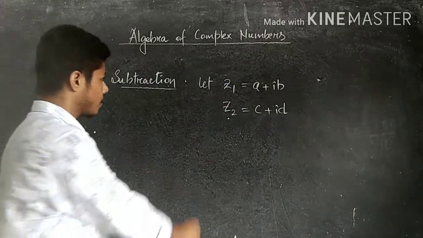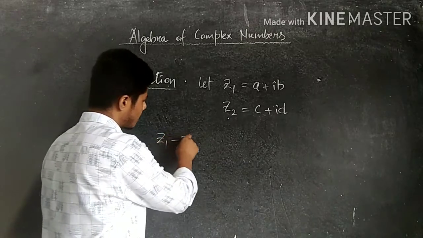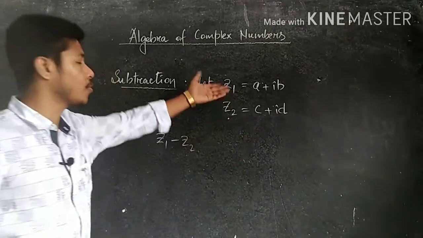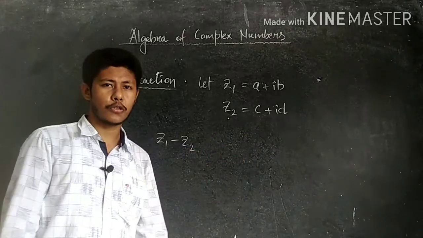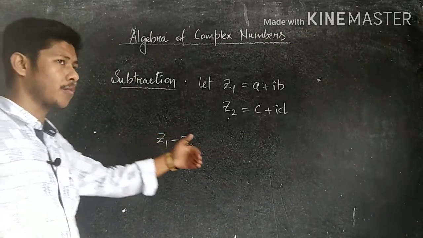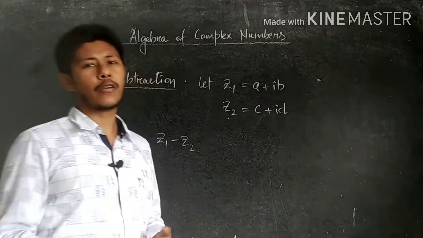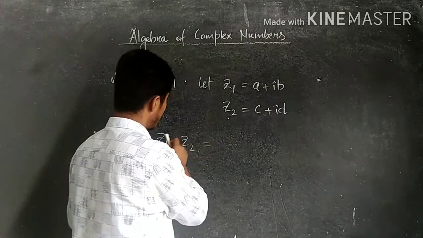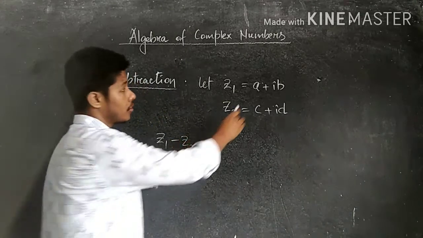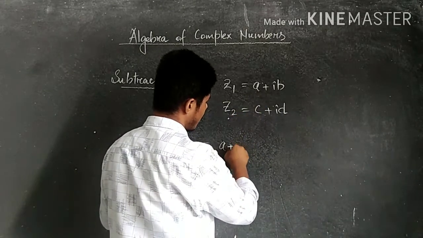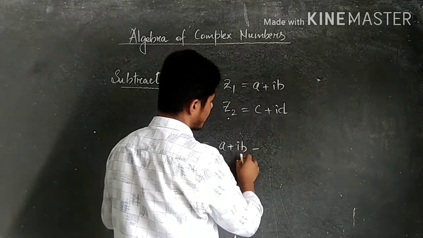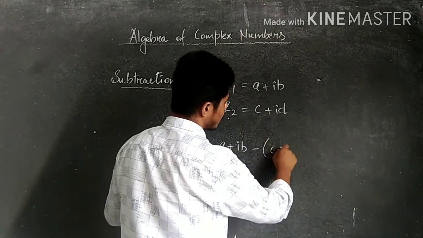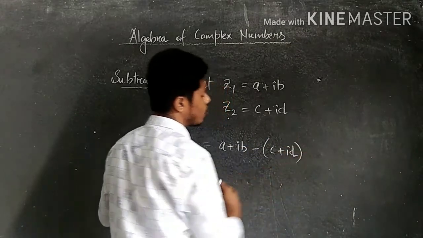How can we subtract these 2? z1 minus z2, or you can say z2 minus z1 also, your choice, depending on the question. So now z1 minus z2: z1 is this one, so we write first a plus ib, and minus, then the other part is c plus id, the z2 part.